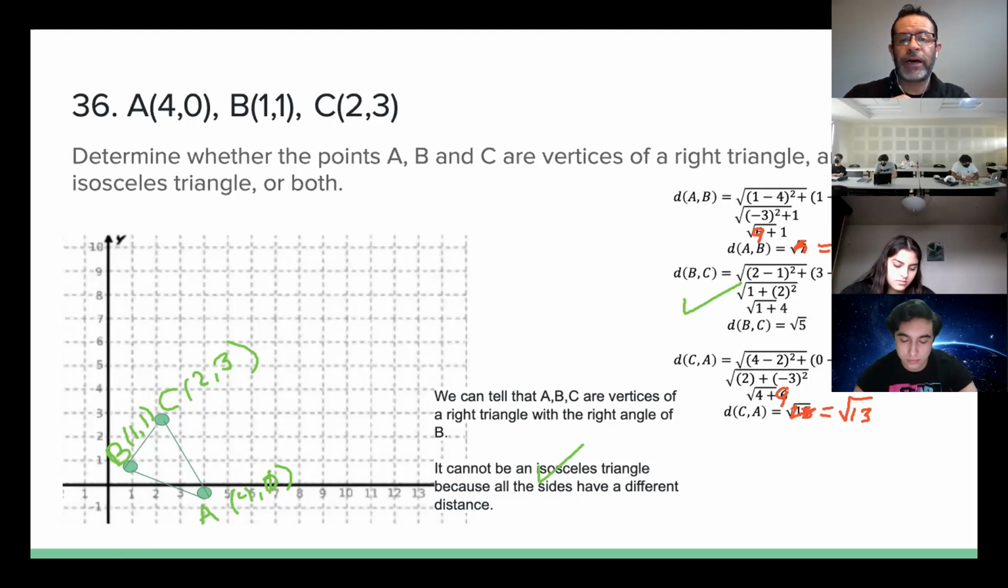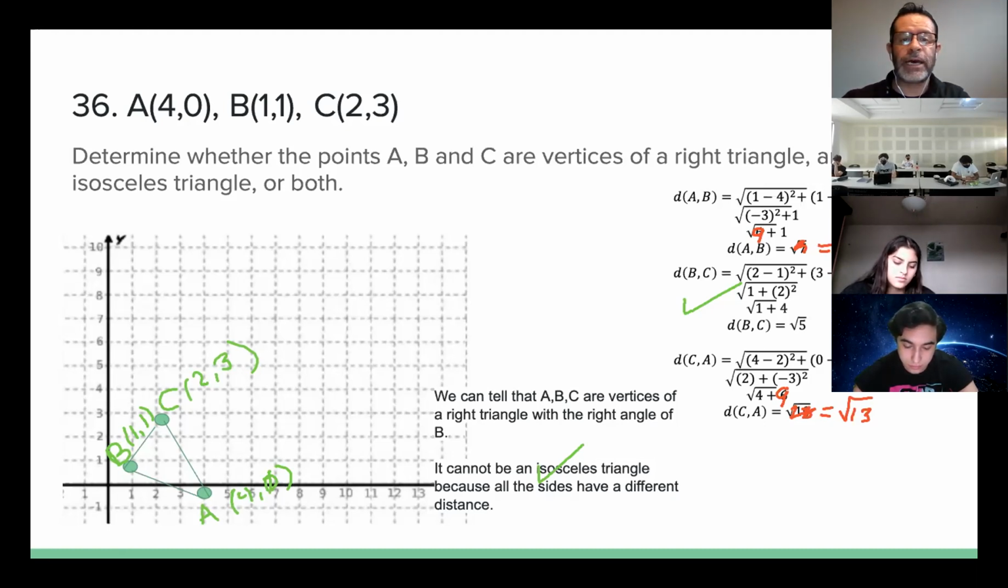Now, how do we verify if this is a right triangle? It has to comply with the Pythagorean theorem. And the Pythagorean theorem says that the sum of the squares of the smaller sides has to be equal to the square of the larger side. Which is the larger side? Square root of 13. The smaller sides are square root of 10 and square root of 5.